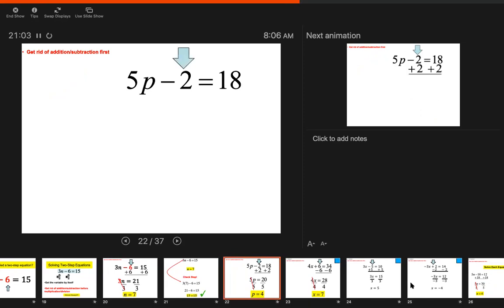The 2 is attached by subtraction. How do we get rid of subtraction? Addition. So what are we going to add to both sides? 2. I don't even need to think about this because I set this up so this goes away. It's technically not called canceling for addition and subtraction. It's just called it goes away. It turns to 0. 18 plus 2. Now what?